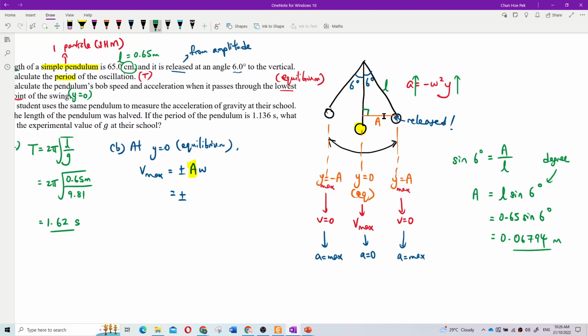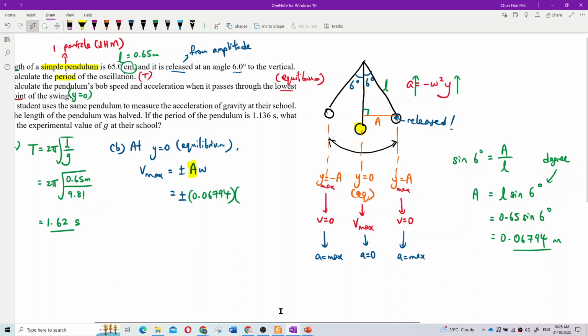So now you know what value to put here. It is 0.06794. What's the omega then?